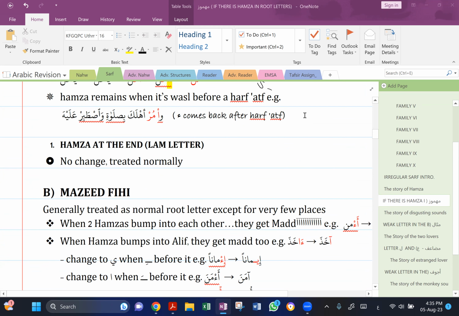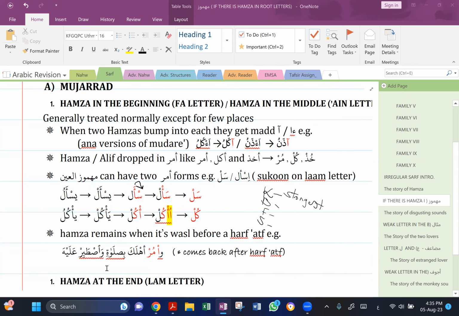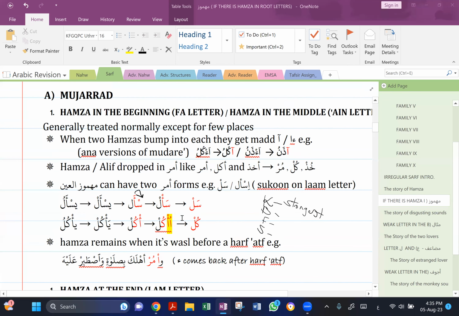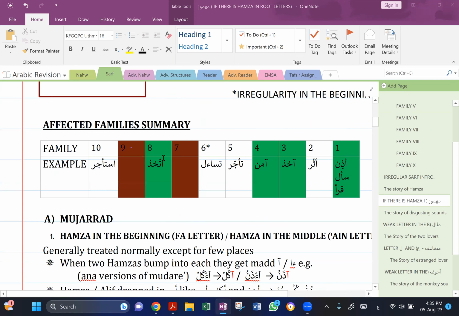When you hear the hiccup, you know you need to smooth it out because you've already memorized it. It's just a matter of making the necessary changes. You don't need to remember all this stuff. Just know no hiccups, what happens in the amr, and also ittakhada, what happens in family 8. If you remember ittakhada yatakhidu ittikhadan, there's a shadda there, and this is Mahmooz.